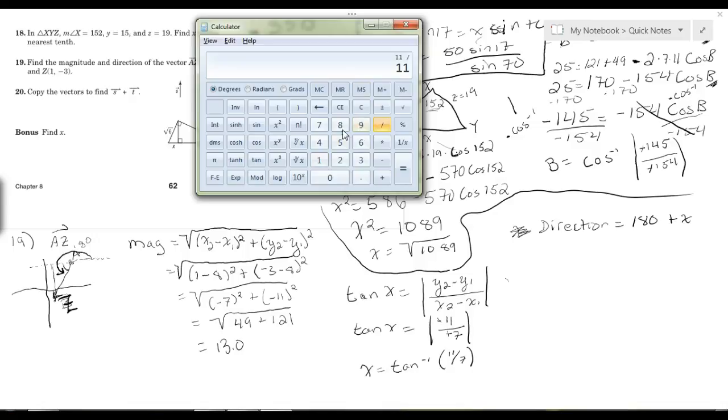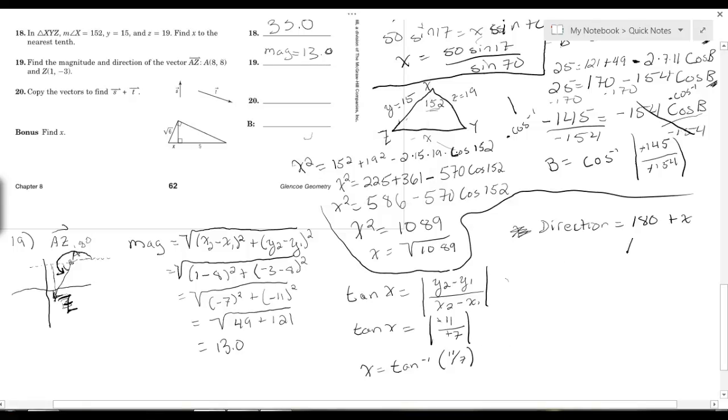11 divided by 7 equals, and my inverse tangent of that is 57.52. Then over here, I'm going to end up with 180 plus 57.52. So I'll put that back into my calculator.